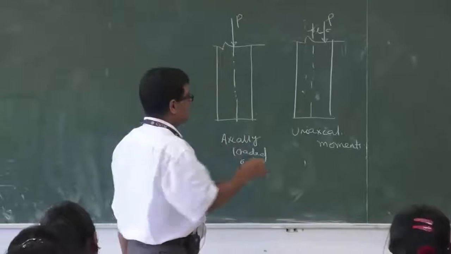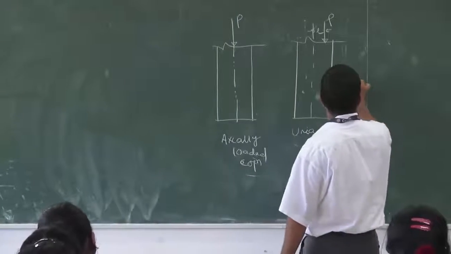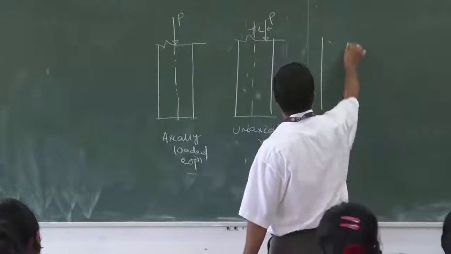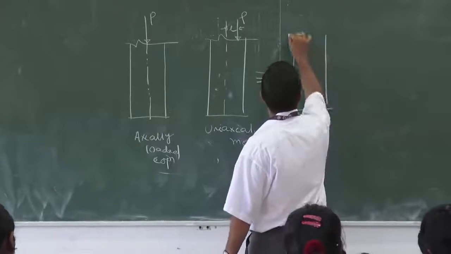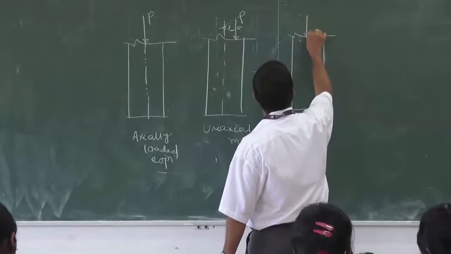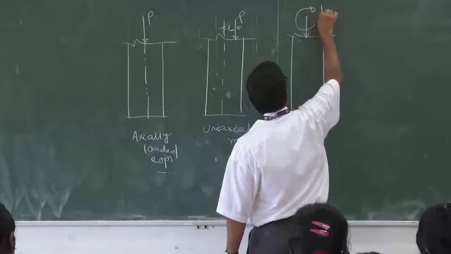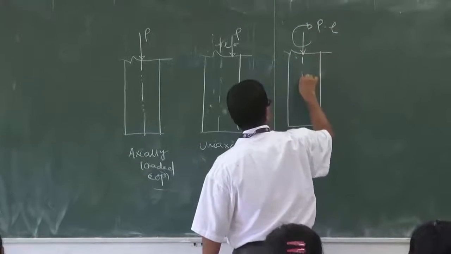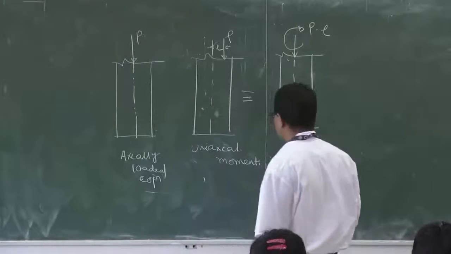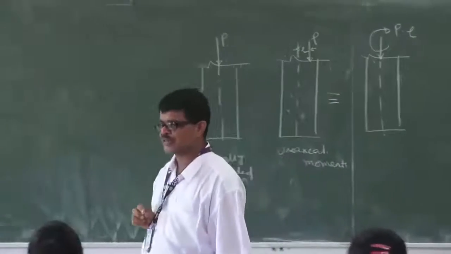This can be equivalent to one load acting here plus a moment P into e along the axis. So this is called a uniaxially loaded column or uniaxial moment.